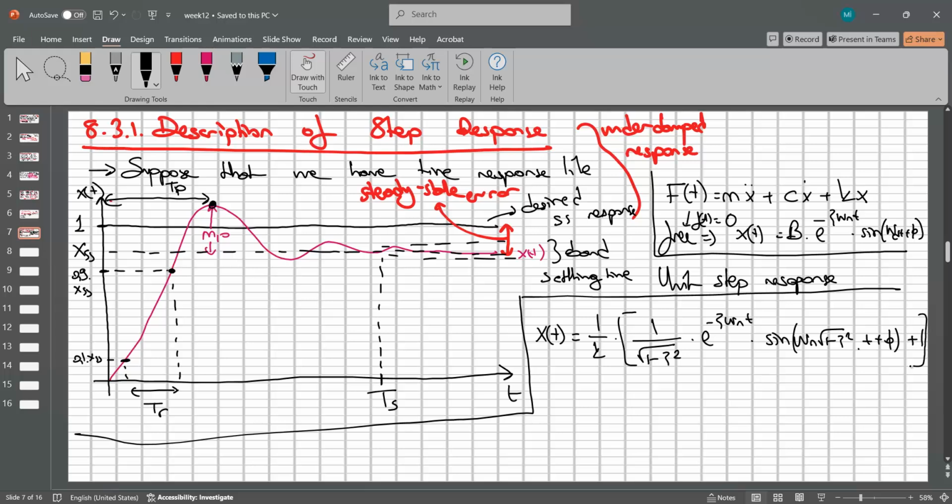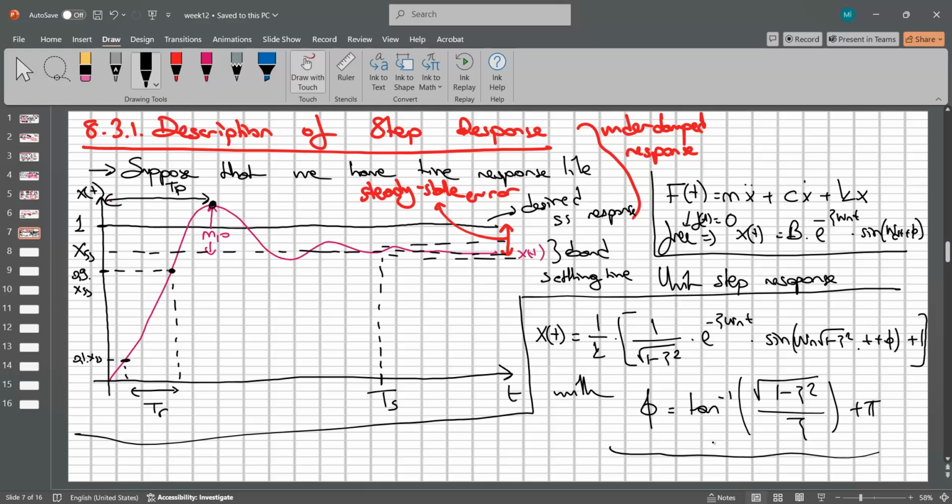Okay? This is our solution for the second order system, with phi value which is equal to what? The tangent inverse of square root of 1 minus zeta square divided by zeta.